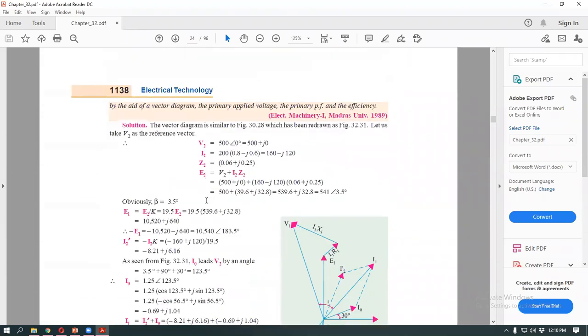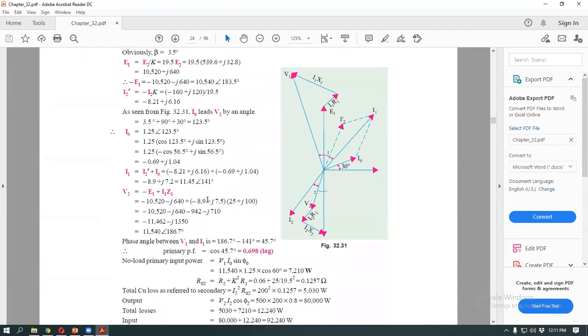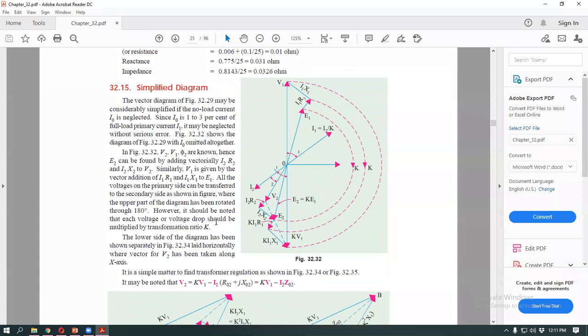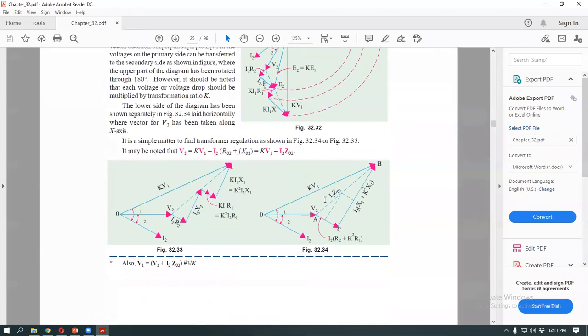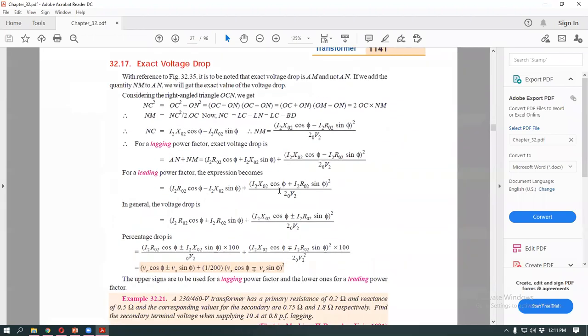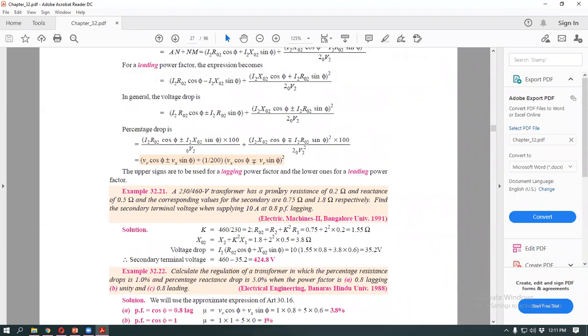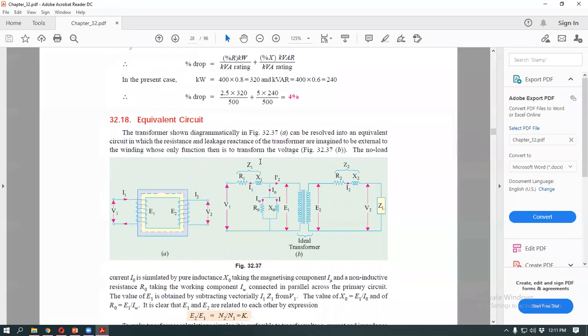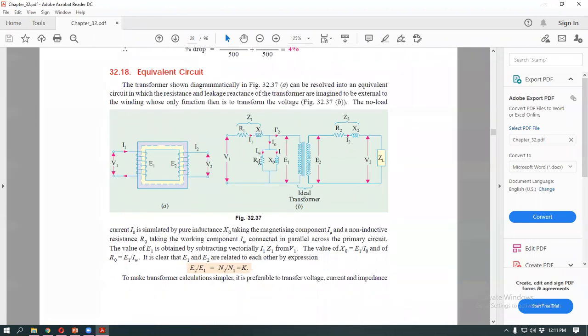This all uses this formula. This is the equivalent circuit. This is the total equivalent circuit. If both circuits are one, then this is the other.